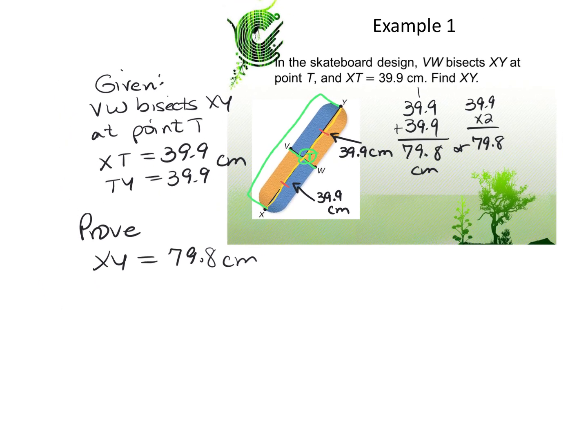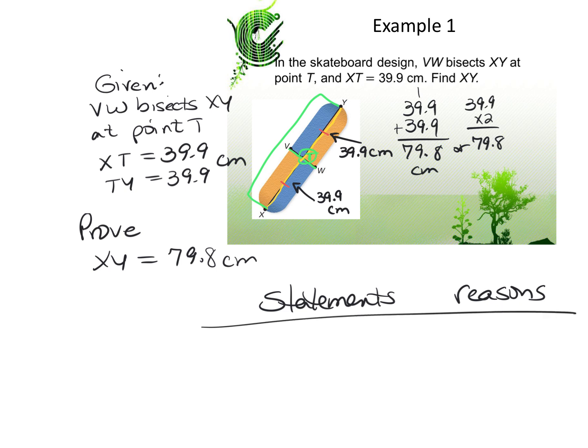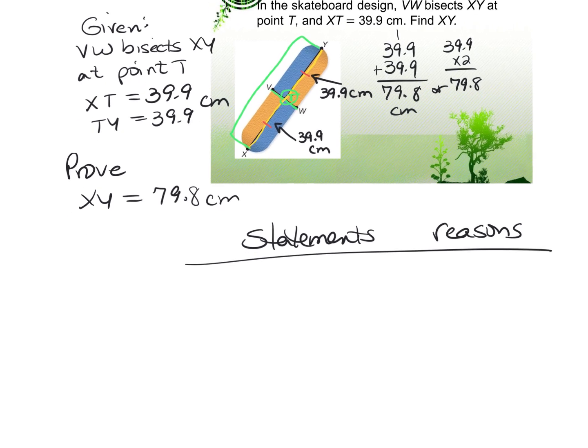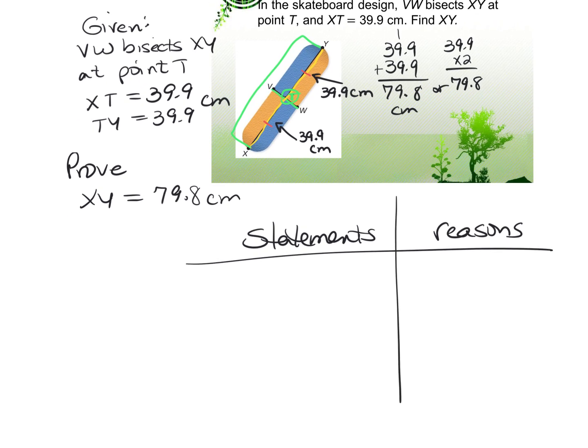So what you're going to do is you'll set up 2 columns. You'll have a statement column, and you're going to have a reasons column. The reasons are always going to be definitions, theorems, postulates, different things that you're learning and you're memorizing. The statements can involve, again, the same thing, but they're going to be more specific to your given information.